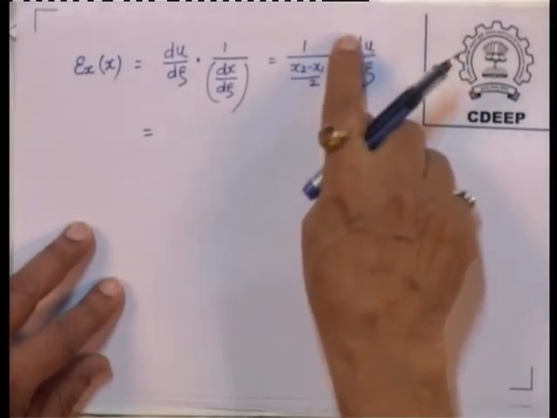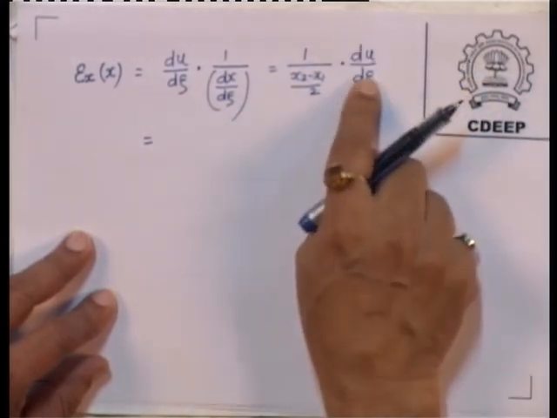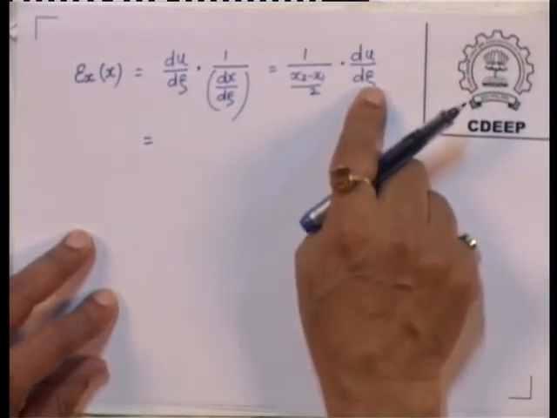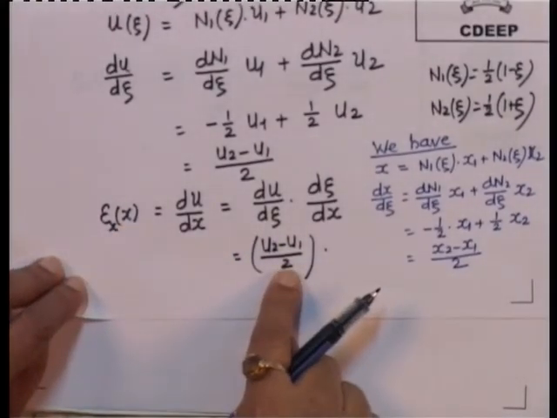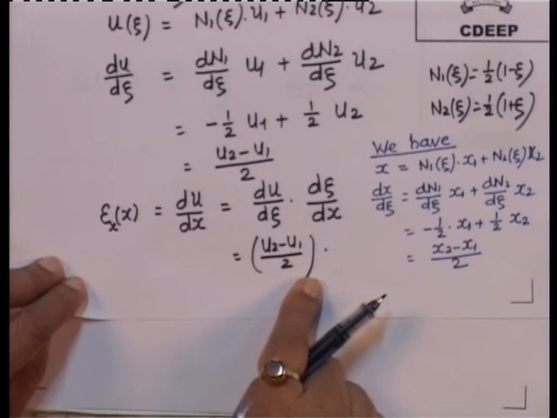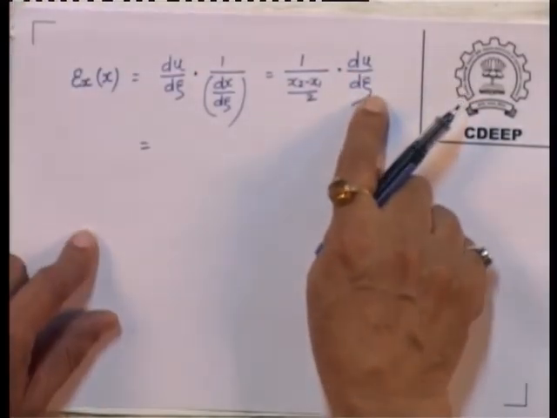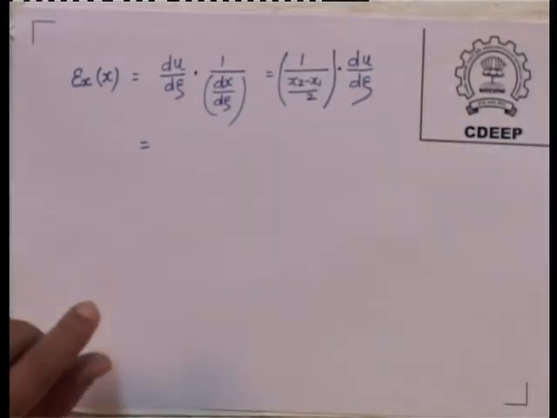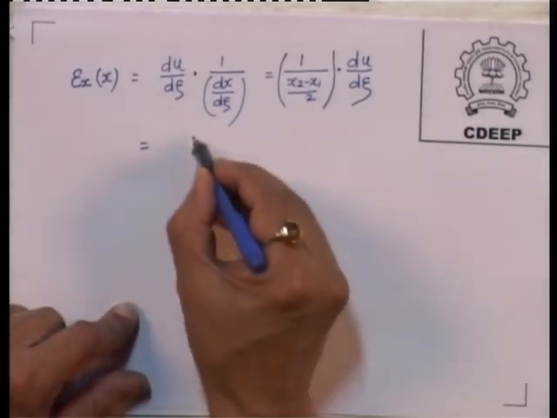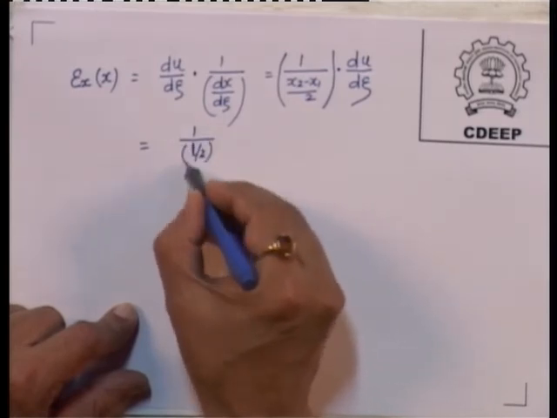So if you want to find out strain in the global coordinate, you find out strain in the local coordinate. This is strain in the local coordinate. Du by d psi is what? Strain in local coordinate, which I explained to you here, equal to u2 minus u1 by 2. So in general, strain in the local coordinate multiplied by a parameter, this x.